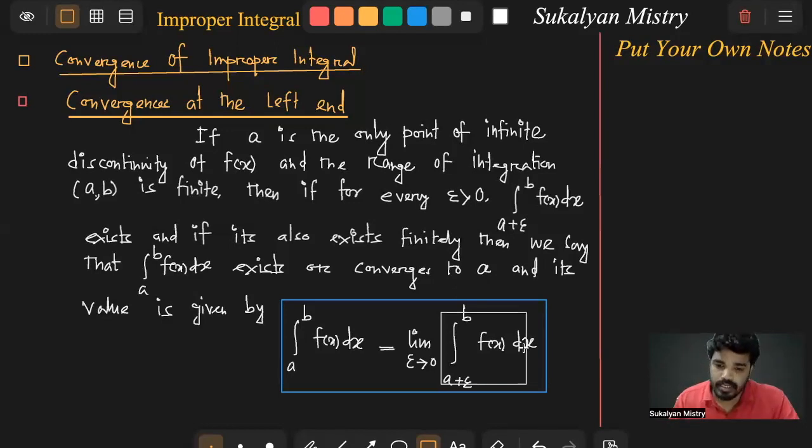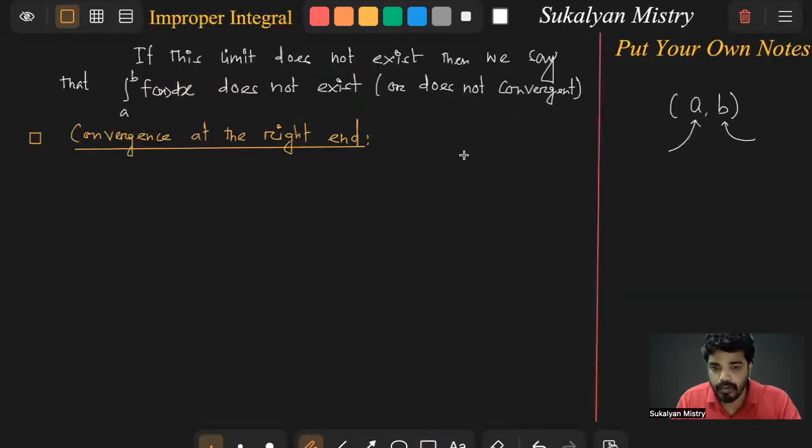Okay, similarly for the right end, we consider the same way. So write down this. Now we consider this point b.